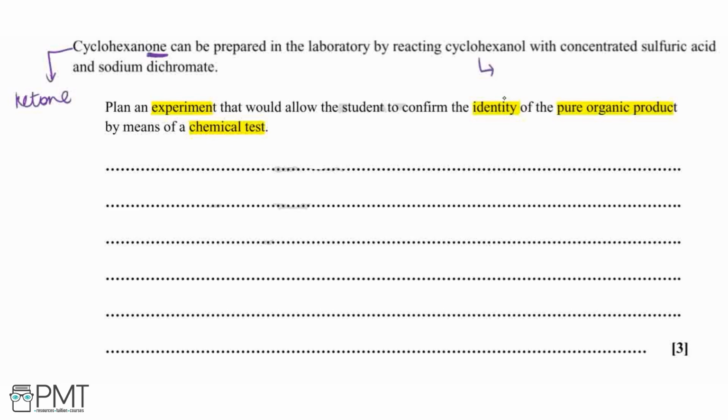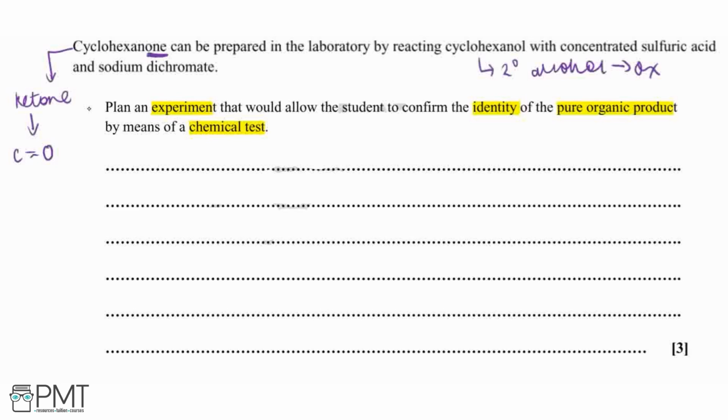So this was a secondary alcohol, which was then oxidized with our concentrated sulfuric acid and sodium dichromate to produce a ketone. And we know that our ketone contains this carbonyl bond.